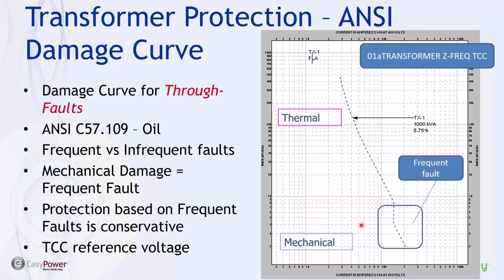So if I design my system or my protection scheme to avoid entering this area of the damage curve, I've got a more conservative protection scheme than if I disregard that and potentially allow the system to routinely be affected by faults, only with reference to the 100% damage curve.